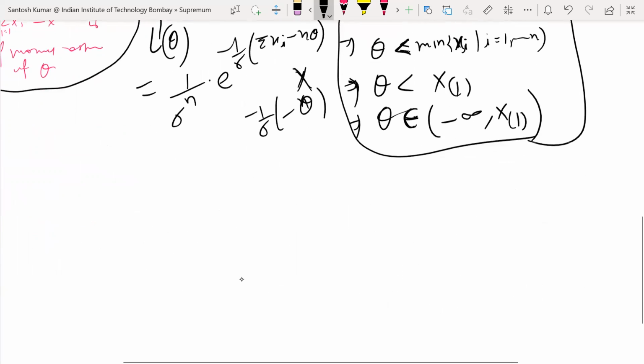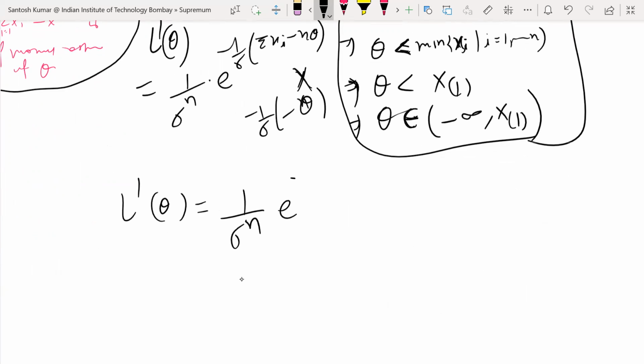So at last what we get? We get L dash theta as something like 1 upon sigma raised to power n, e raised to power minus 1 by sigma summation xi minus n theta, into theta by sigma. So this is positive because you don't see a negative sign; all sigma and theta are positive.